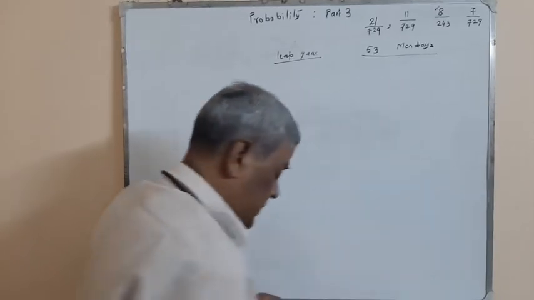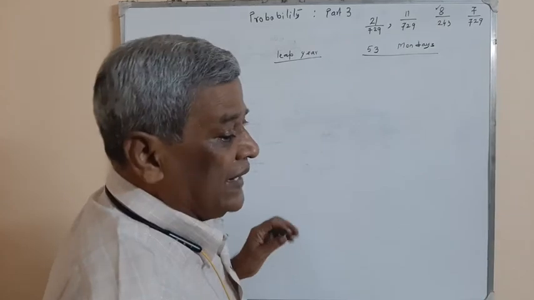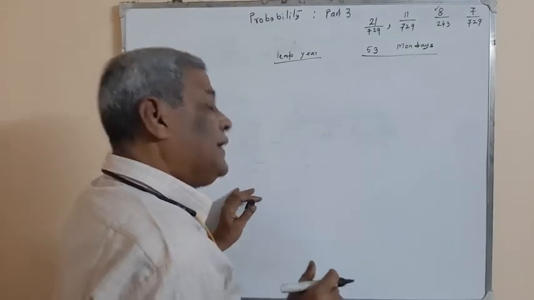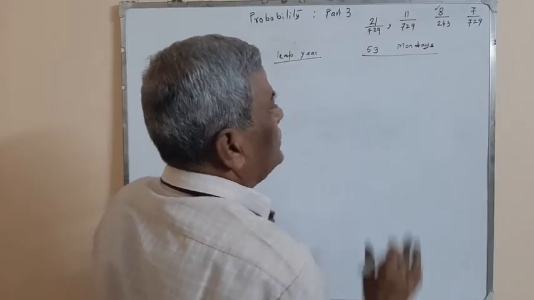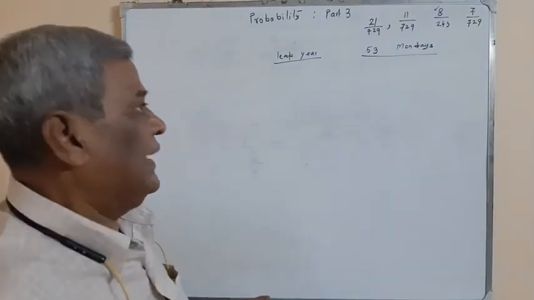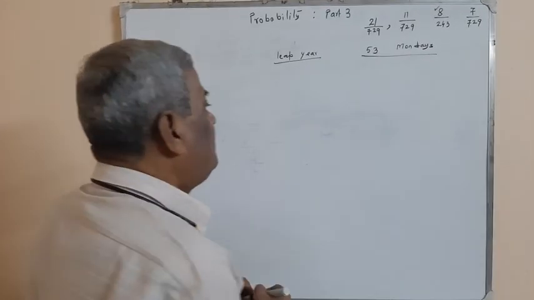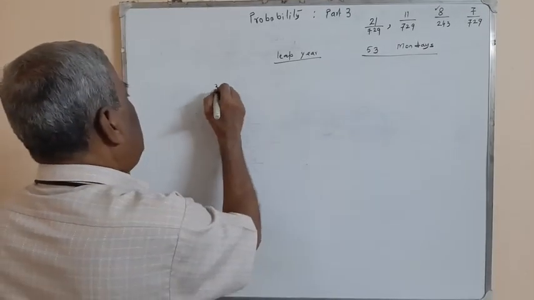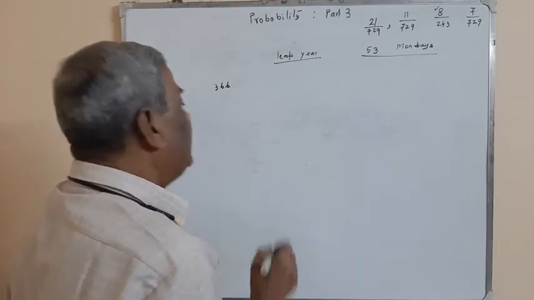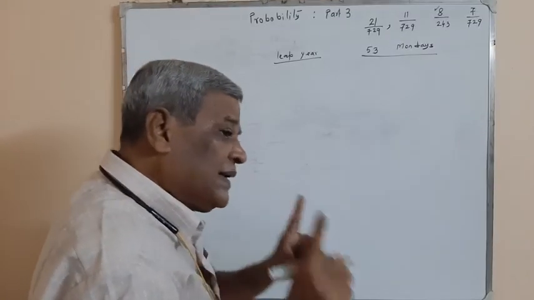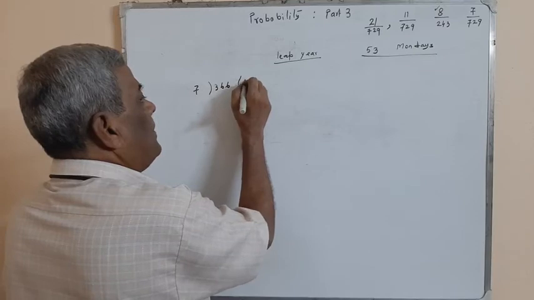Well, once again I am repeating the problem. A leap year is chosen at random. What is the probability that in that leap year 53 Mondays are there? We know that any leap year contains 366 days. Let us see how many complete weeks are there, so divide by 7.